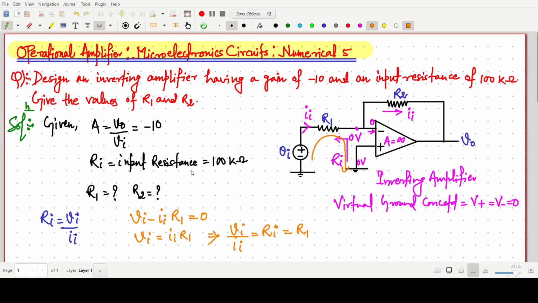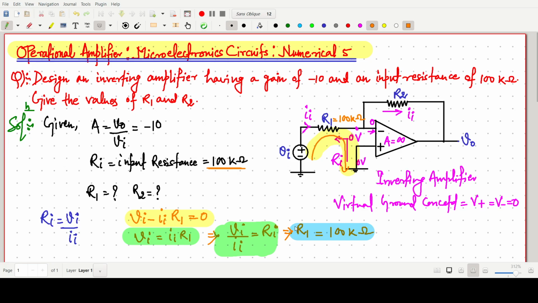So R1 value will be simply 100 kilo ohm, because the input resistance is given as 100 kilo ohm. This is an important result.